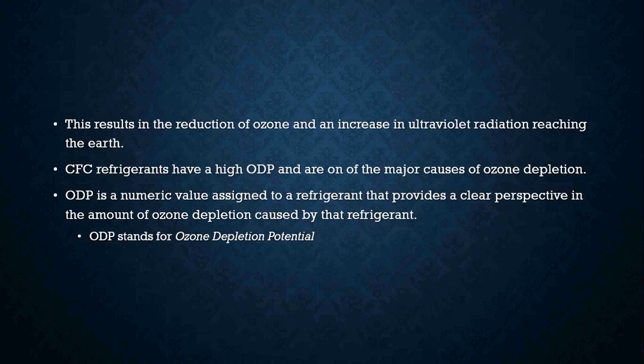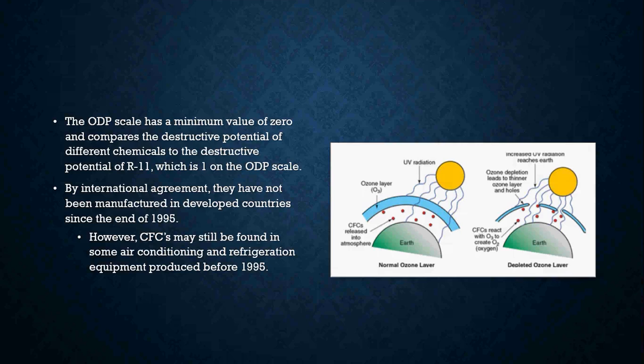The ODP is a numeric value assigned to the refrigerant that provides a clear perspective on the amount of ozone depletion caused by that refrigerant. So it's good to know some of these things when it comes to working with refrigerant.